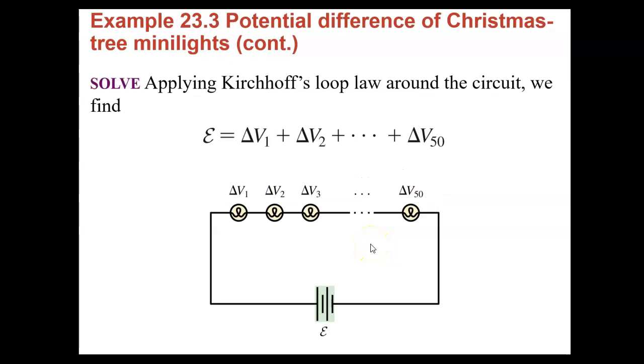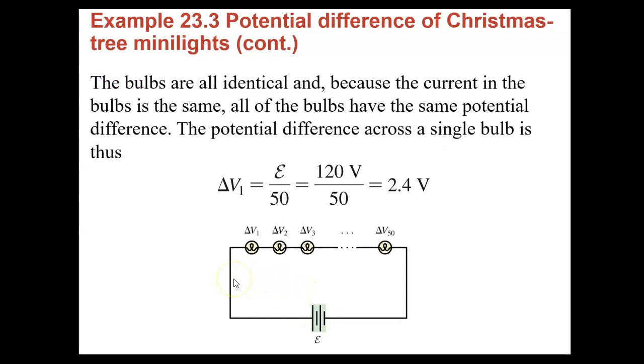So again, we apply Kirchhoff's law. We find that the sum of the potential differences across each of the bulbs is equal to the potential difference of the power source. In this case, the bulbs are identical, and because the current through the bulbs is the same, all the bulbs have the same potential difference.